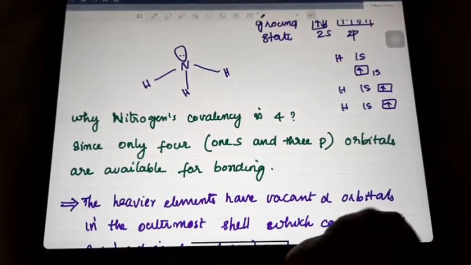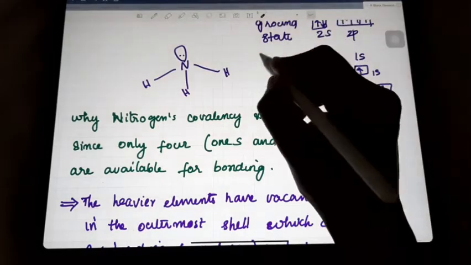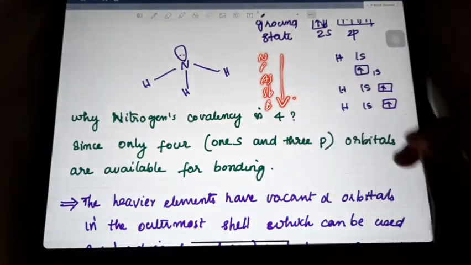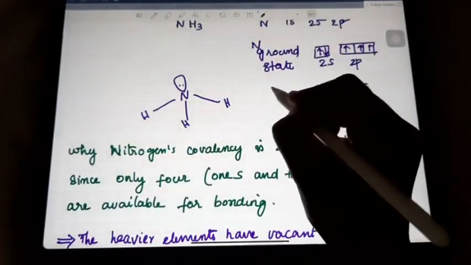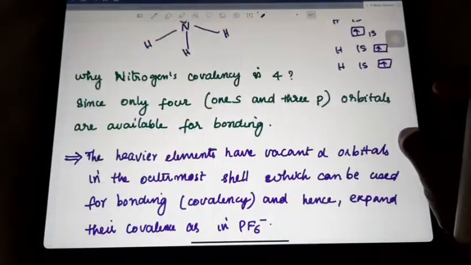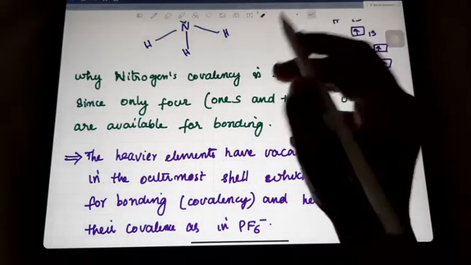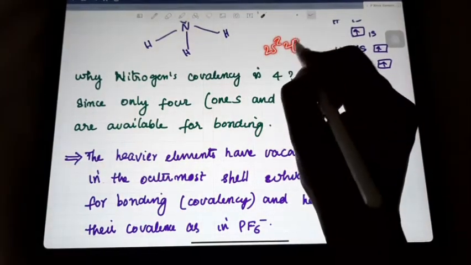But when we go down group 15, nitrogen, phosphorus, arsenic, antimony, bismuth, you know that there are vacant d orbitals. In the case of nitrogen, there is no d orbital present, because 2s2, 2p3 is the electronic configuration.